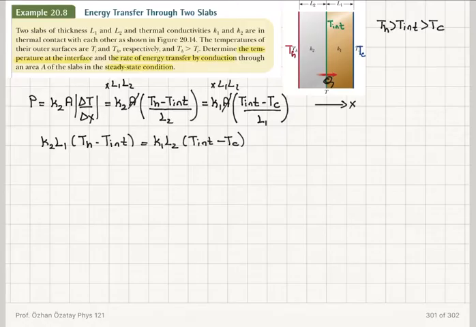Alright, so I'm trying to solve for the temperature at the interface, so T intermediate. So how can I solve for this? I have to isolate it.